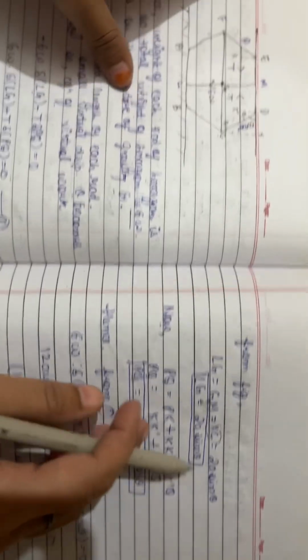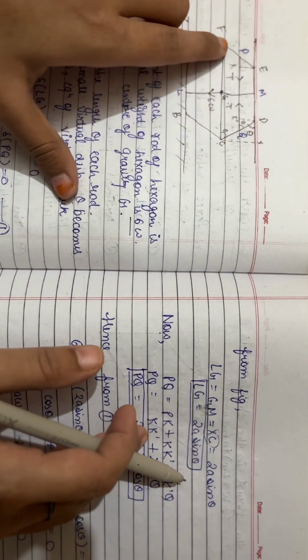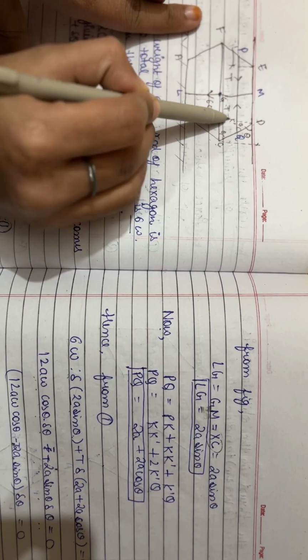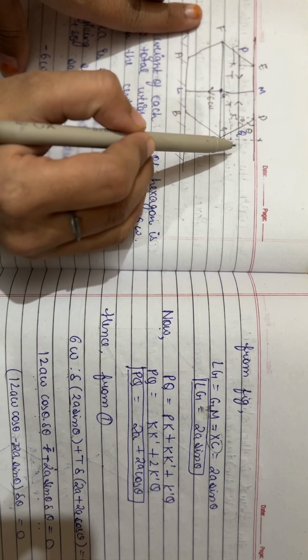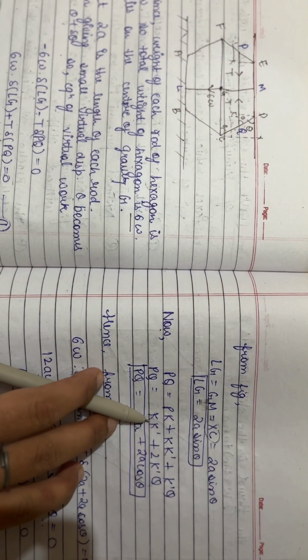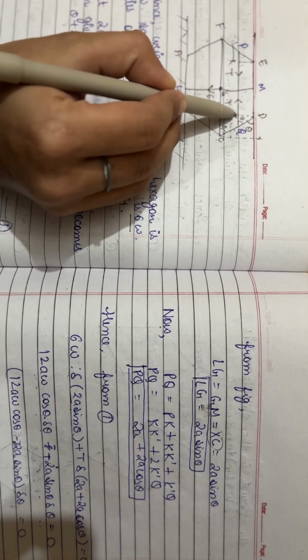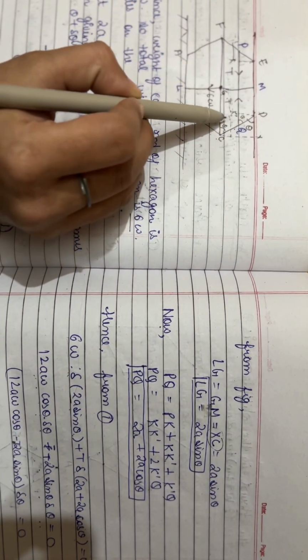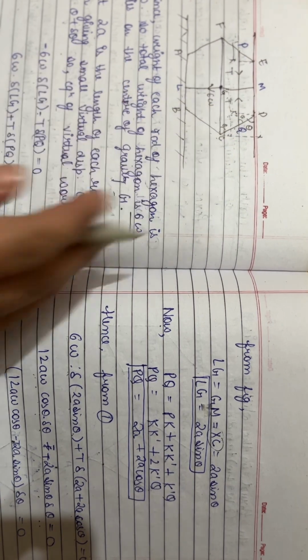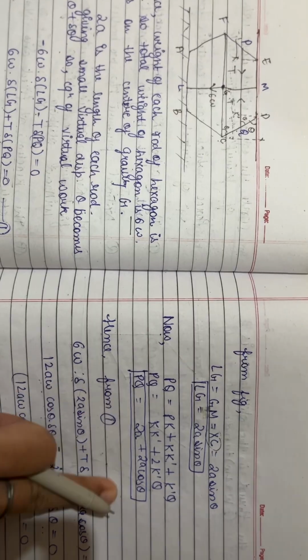Now PQ, if we divide it into 3 parts, it gives PK, KK' and K'Q. KK' is equal to LD, and the K'Q value we have found from the triangle. So we get 2a plus 2a cos theta.